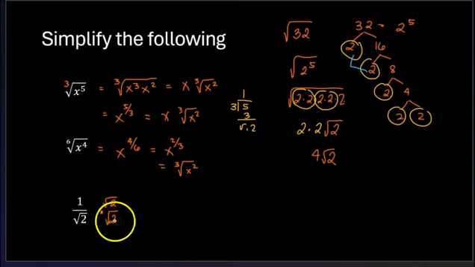Now, if you have another 2 here, then that will become square root of 4, and you'd be able to express this without the radical sign. So that's the reason why I am multiplying by a square root of 2, so that I'll be able to have an expression without the radical sign. So this is the simplified form of that.